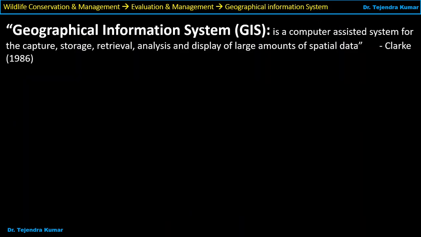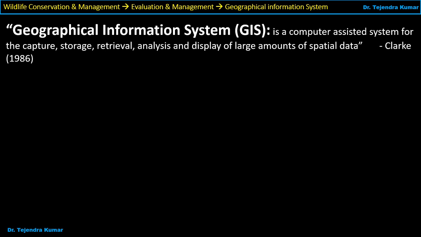Now let's move to GIS, or Geographic Information System, because as I told you, remote sensing and GIS are interrelated to each other, and that's why I mentioned in the previous slides remote sensing and GIS commonly.